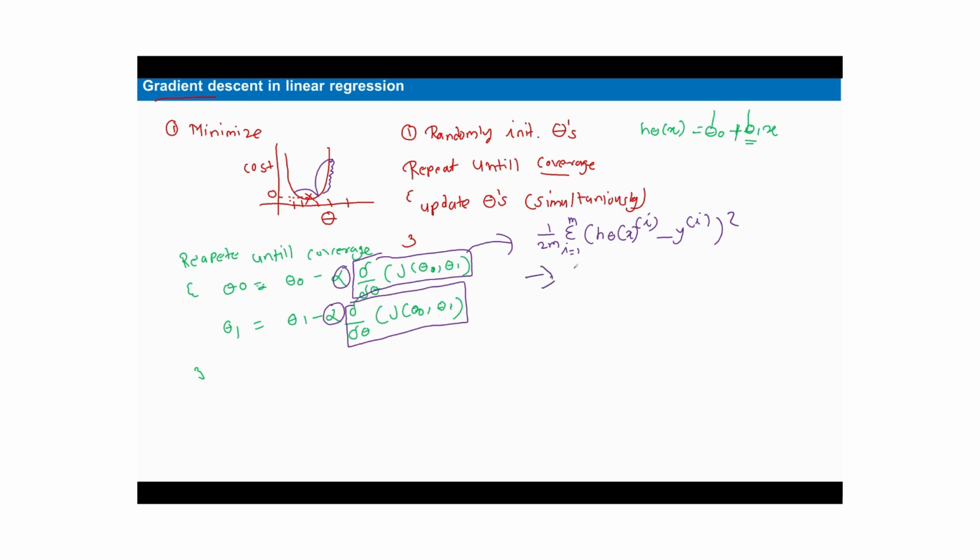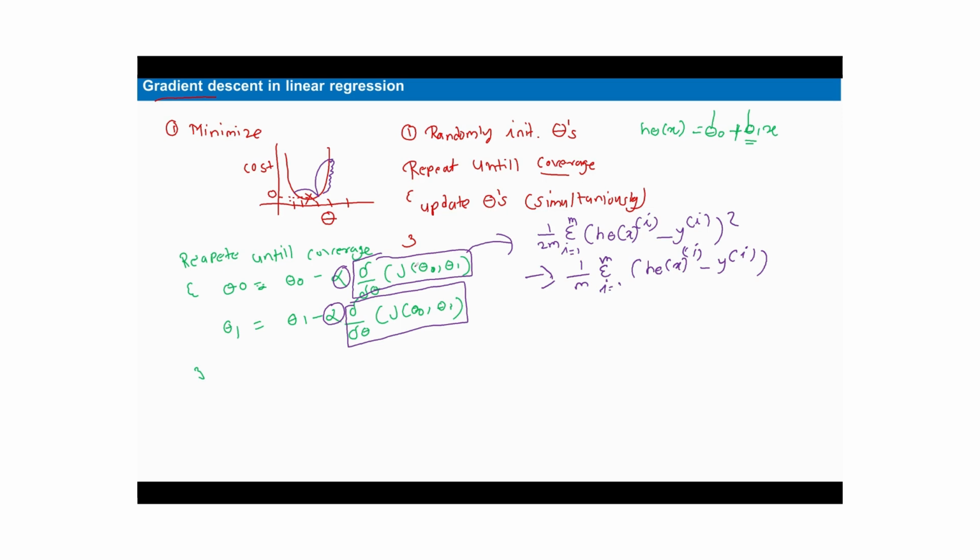1 upon m, summation of i equal to 1 to m, h of theta x of i minus y of i. We will get this, and this term gets replaced by this when theta is equal to 0.